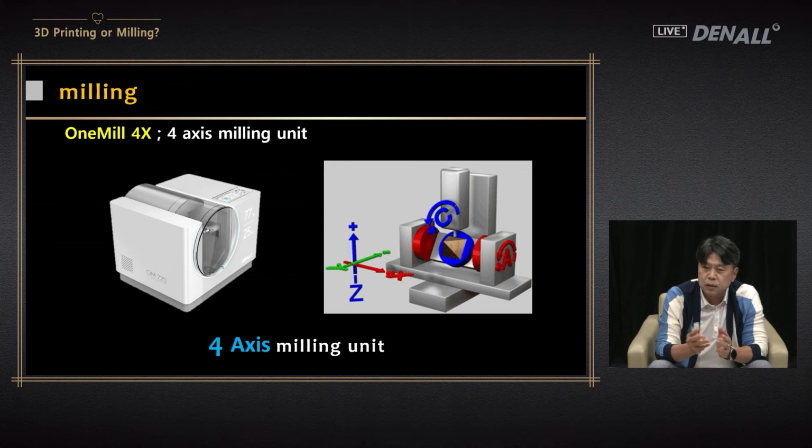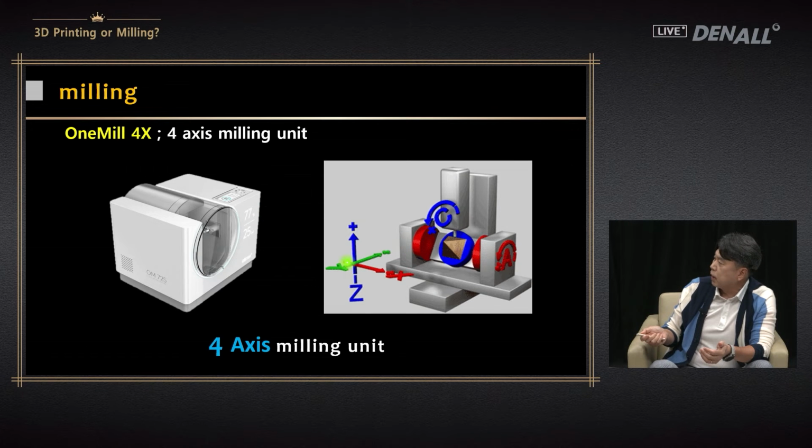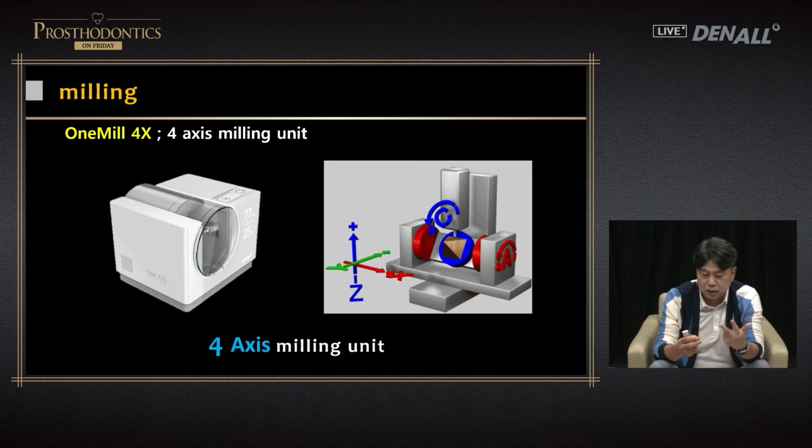We have only 2 types of milling machines used in dentistry. This is the 4-axis milling unit, X, Y, Z. And here, this is the object to be milled. On the left and right, it can turn front to rear, and it can turn in the counterclockwise direction. So XYZ plus A or B, that's 4 axes.